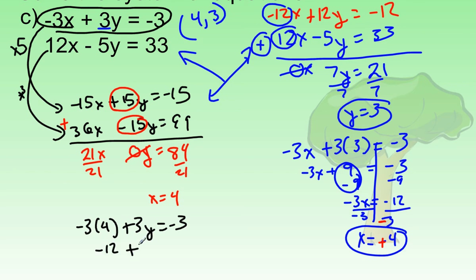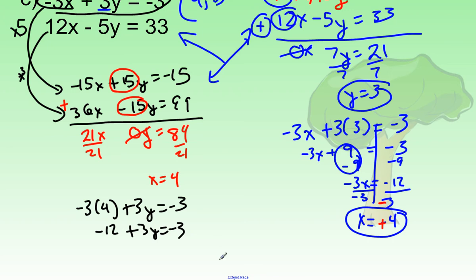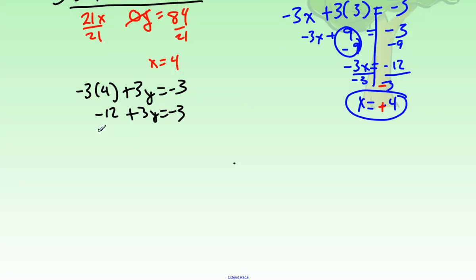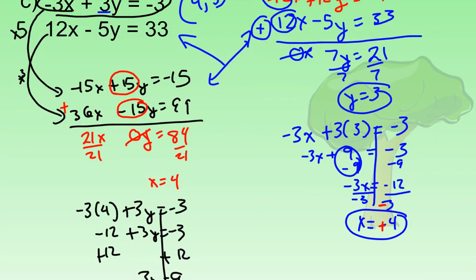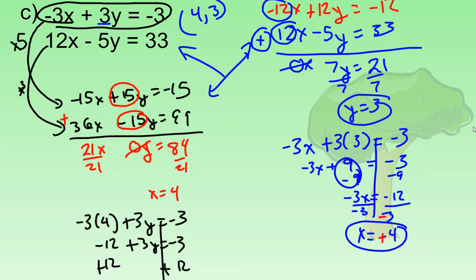That's negative 12 plus 3y equals negative 3. Add 12, 3y equals 9, divide by 3, y equals 3. Is that what we said it should be? Good. So I showed you if you do the problem either way, you get the same answer.